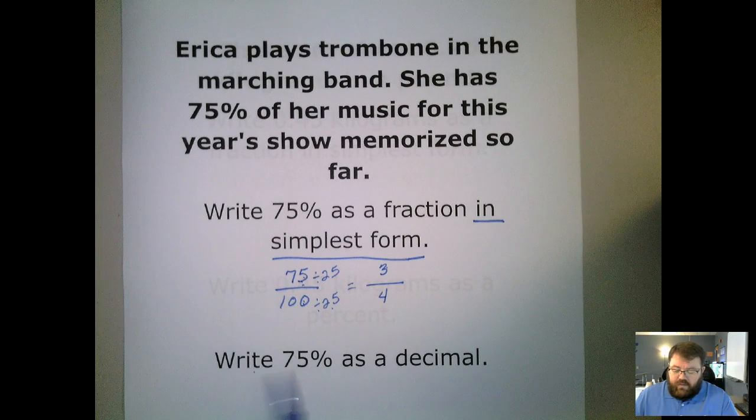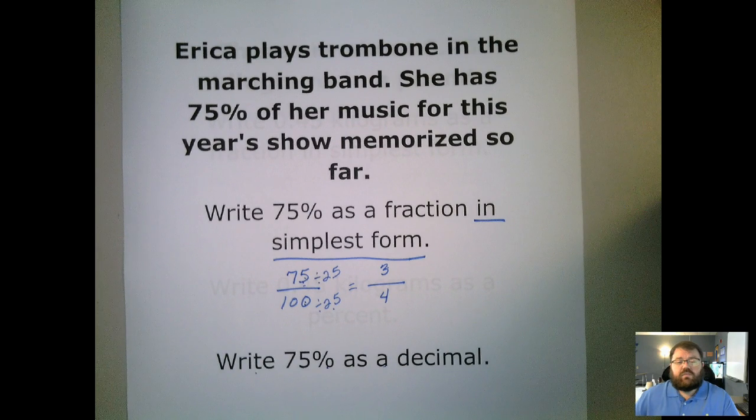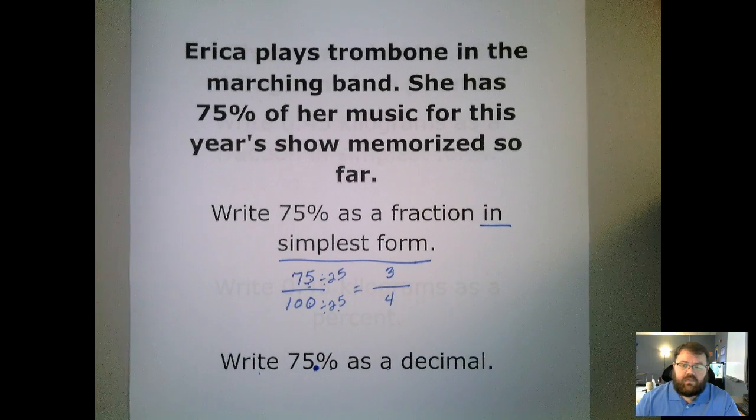The second part, write 75% as a decimal. So anytime you are changing percents to decimals, you need to move the decimal 2 places to the left. So in whole numbers, we have a decimal sitting behind the last number.